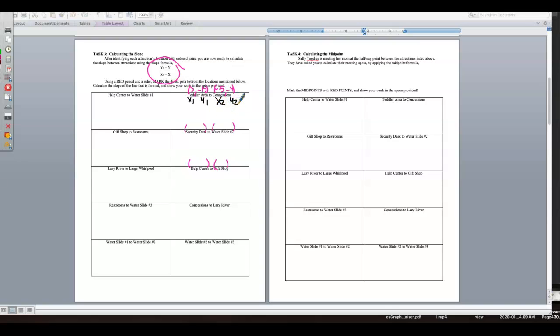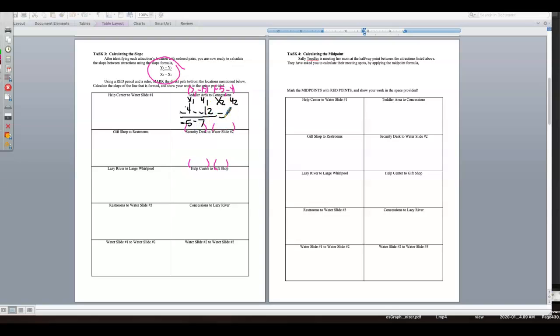Then when I show my work, because yes, you are required to show your work, I would substitute that into the formula. So y2 is -4 minus y1, which is -12, all over x2, which is -5, minus x1, which is 7.